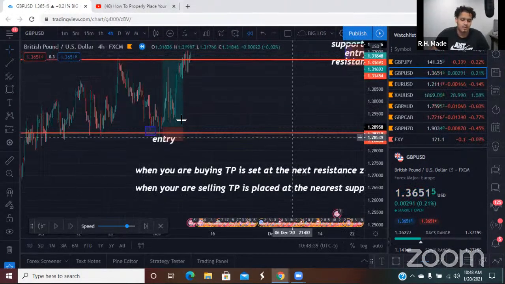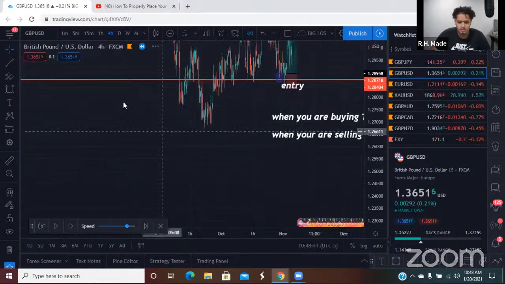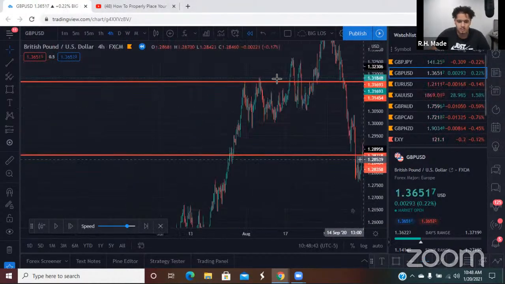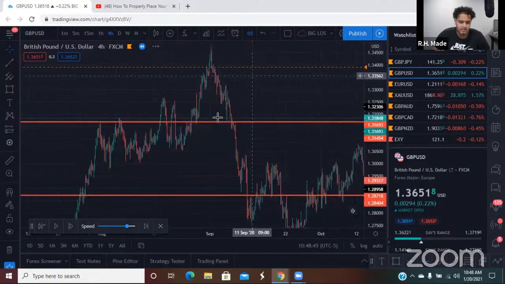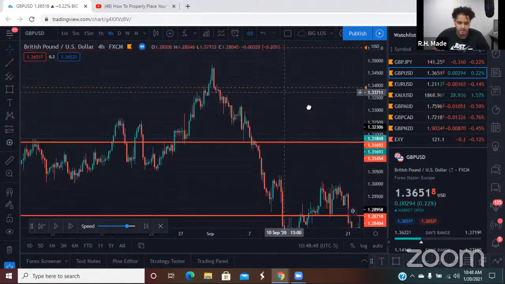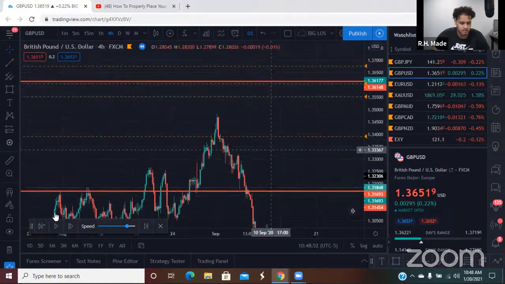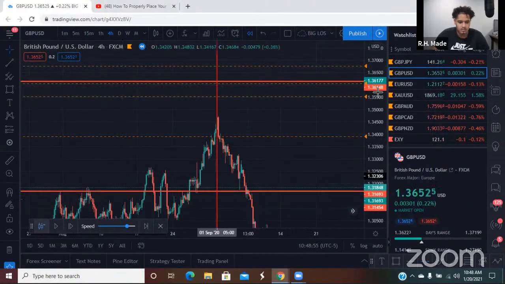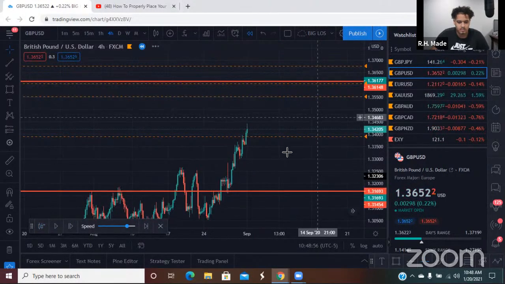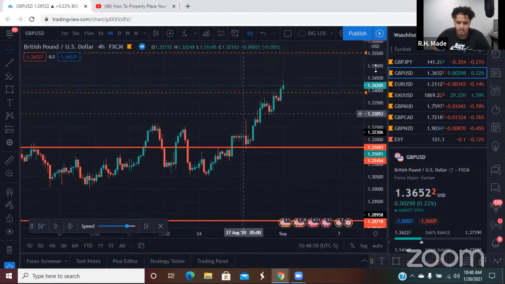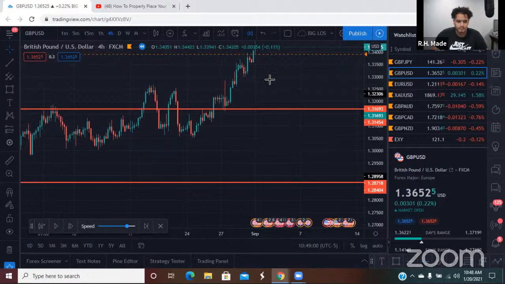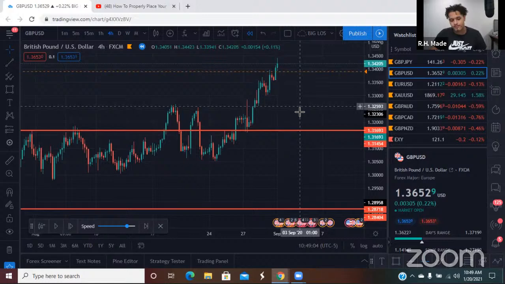Okay, so now we're gonna do a couple examples of the sell. All right, so we have a nice little downtrend right here. And now let's look. Right, we said we're only selling on a downtrend.